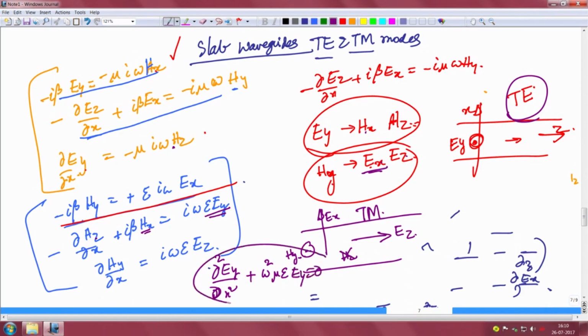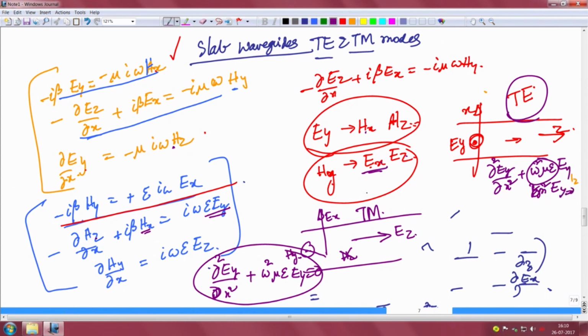You get the differential equation only for Ey. So, in the case of the TE modes, we get d square Ey by dx square plus omega square mu epsilon Ey, which we can replace with k0 square n square Ey.